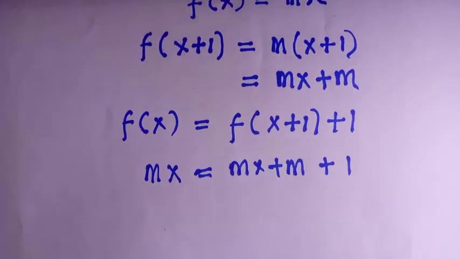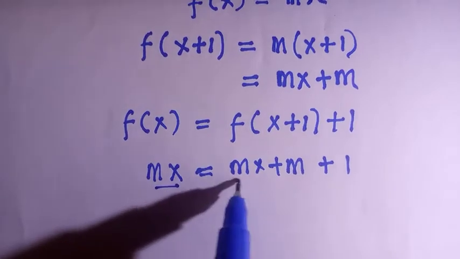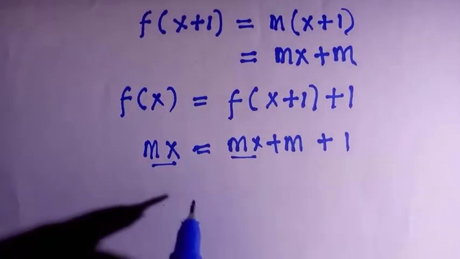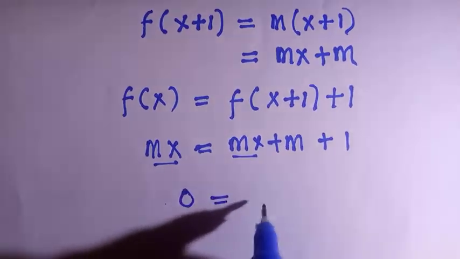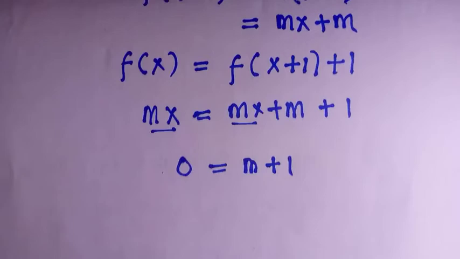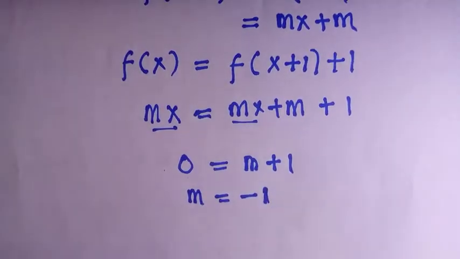And wow, we can derive something here. Mx is common, which means these two negate each other and become 0. Then we have 0 equals m plus 1. And we got the value of m as negative 1.